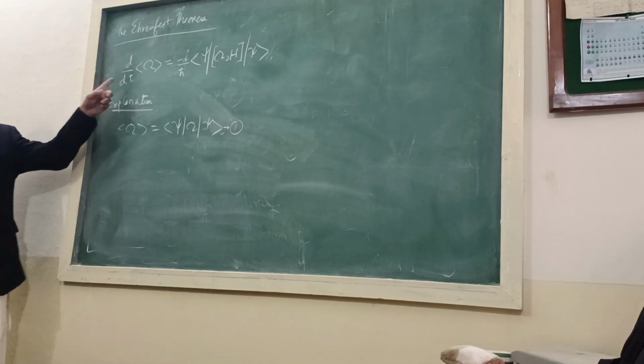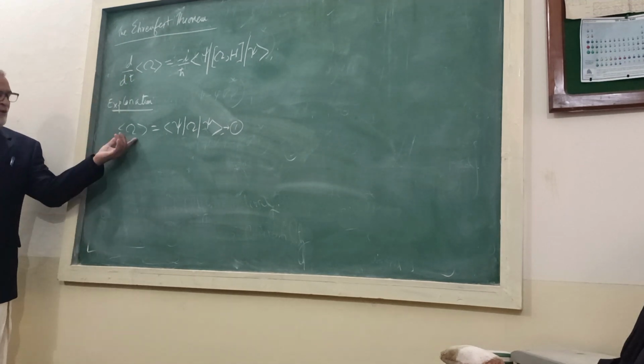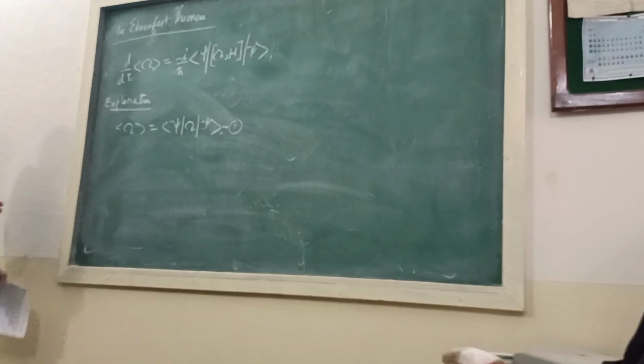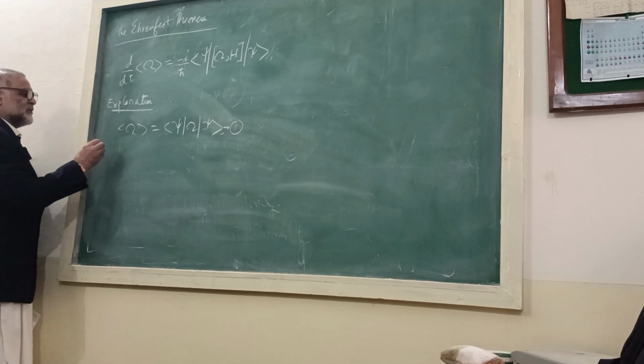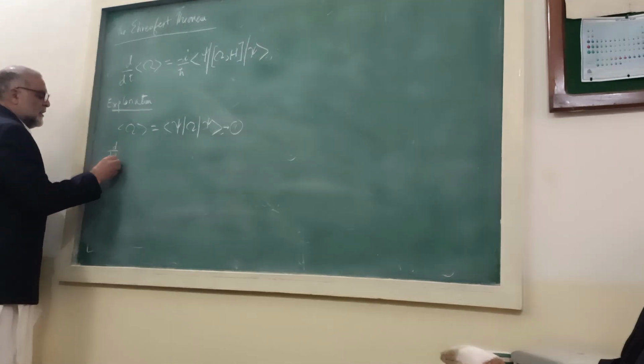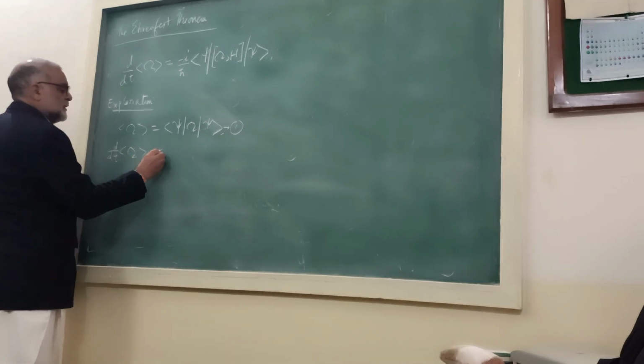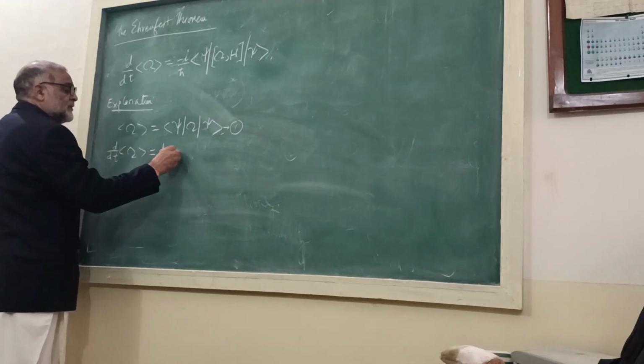Since there is a d omega by dt, we should also take the time derivative of this equation.